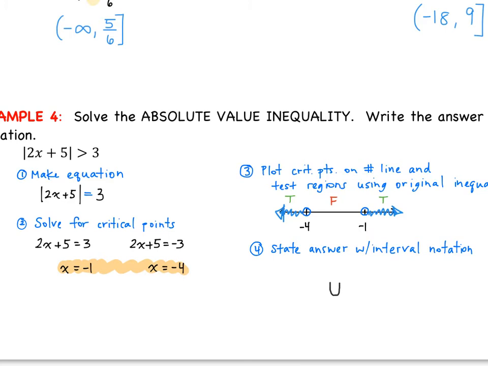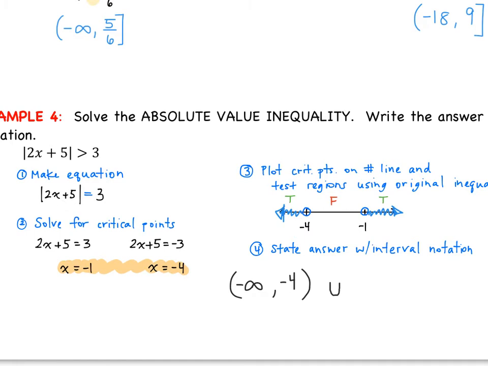So I need to have an interval for this piece, and I'll need an interval for this piece. So since -4 is my boundary on the right, I know I will have a parenthesis there, -4, and I'm going all the way to the left, so I'm going from -infinity to -4, okay?